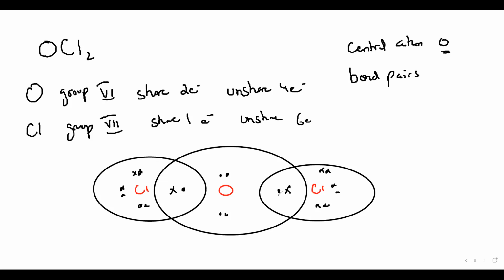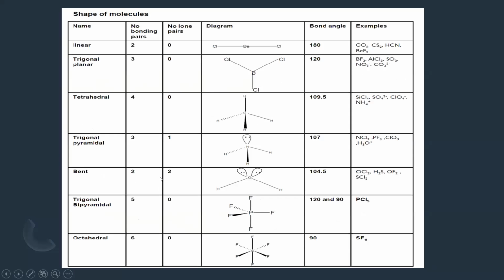There are 2 bond pairs. And how many lone pairs are there? There are 2 lone pairs. So oxygen has 2 bond pairs and 2 lone pairs.